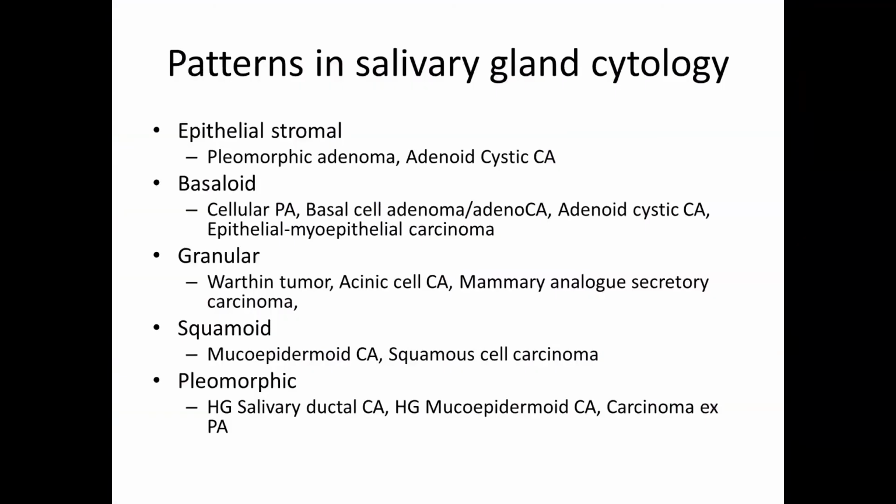And so, just as with any specimen type in the realm of pathology, I think one useful thing to do is to keep in mind just the overall big, broad categorization of the different lesions. And in the case of these salivary gland FNAs, just keep in mind the big, broad morphologic categories that you may encounter.